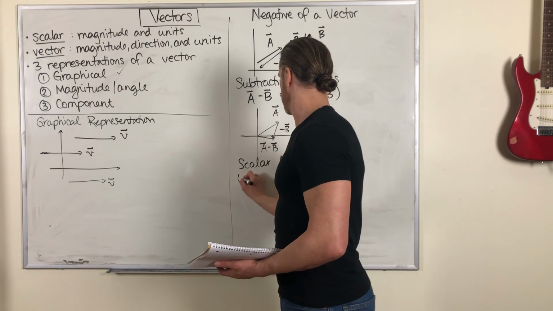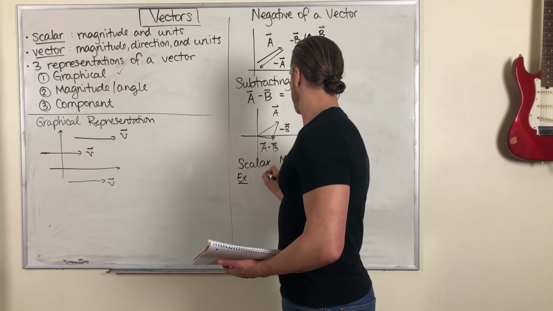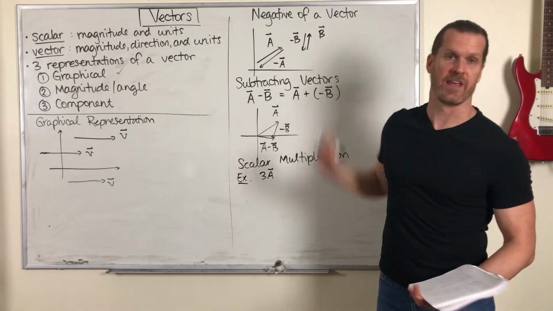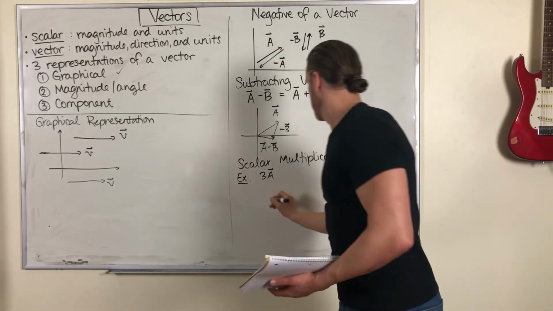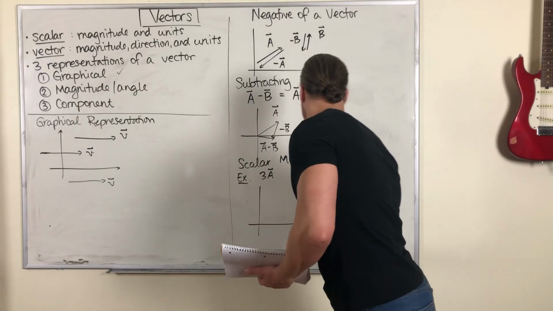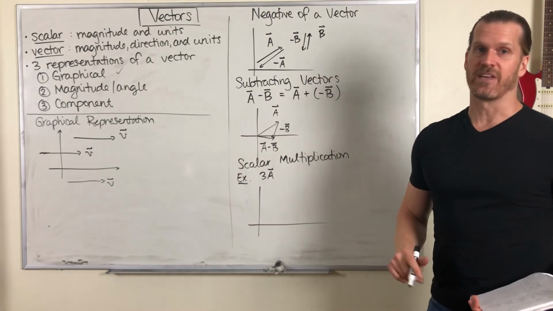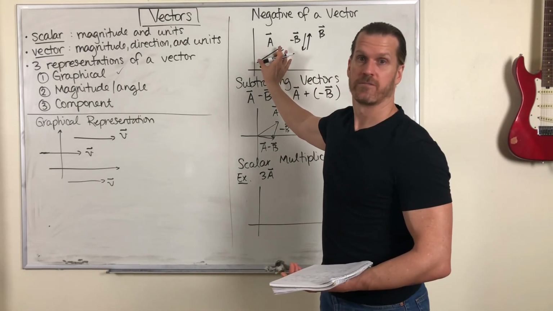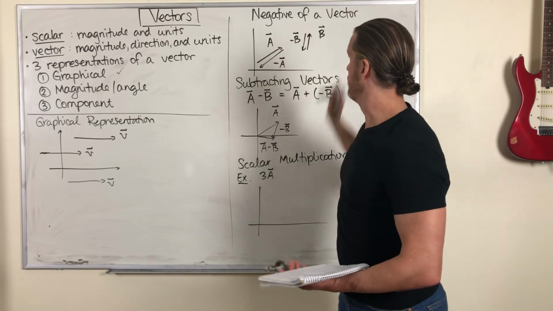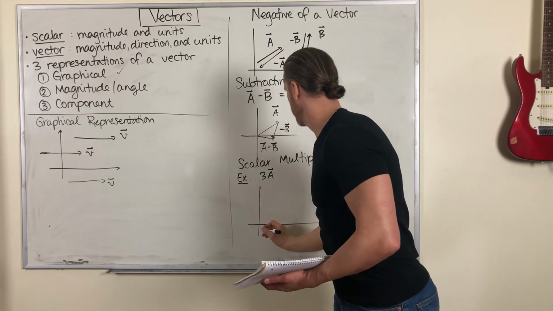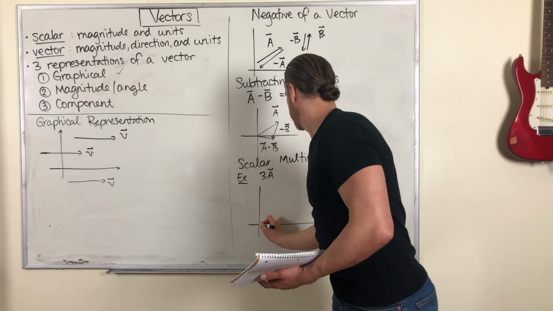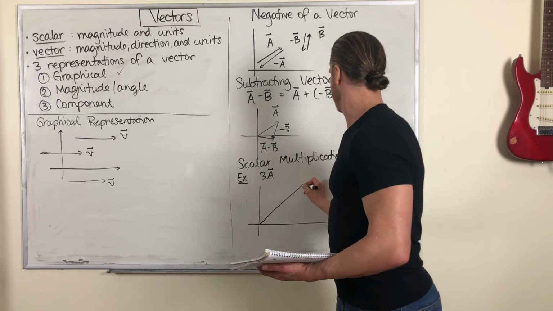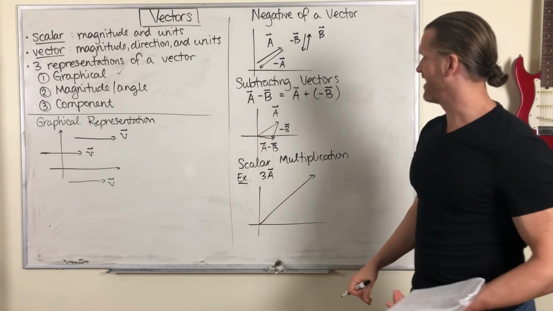For example, what is 3 times vector A, using the same vector A from up here? You might be able to guess what happens. You just make vector A 3 times as long. You keep the angle the same, but make the length 3 times the original length. So 3 times A, if we started from the origin, would look something like that.